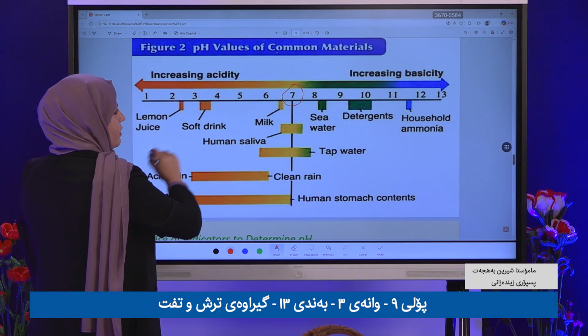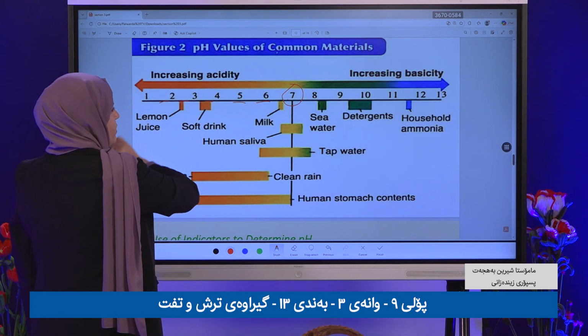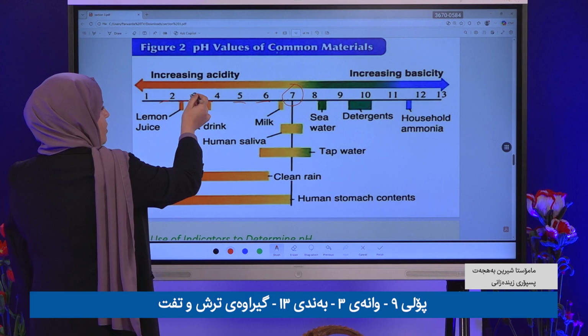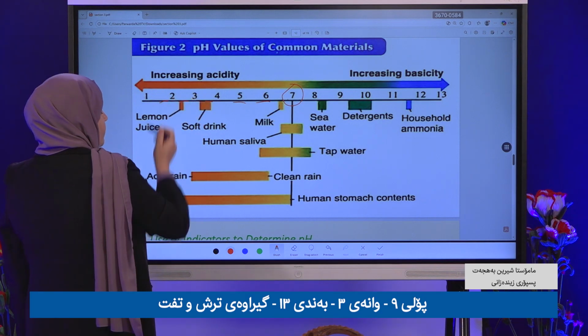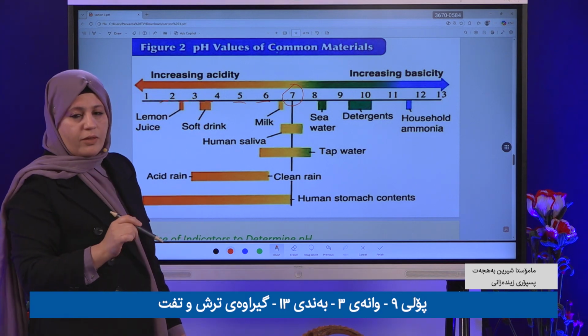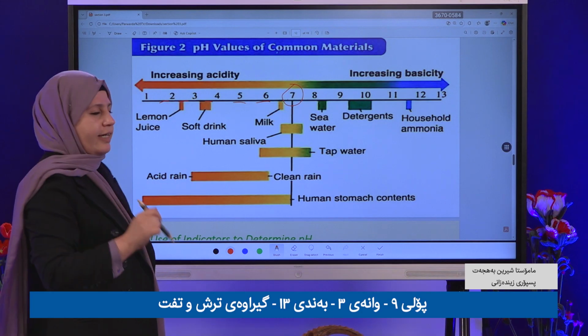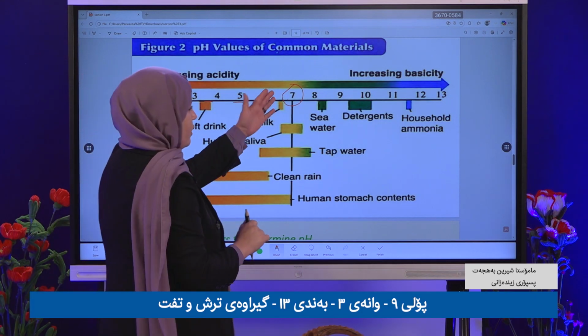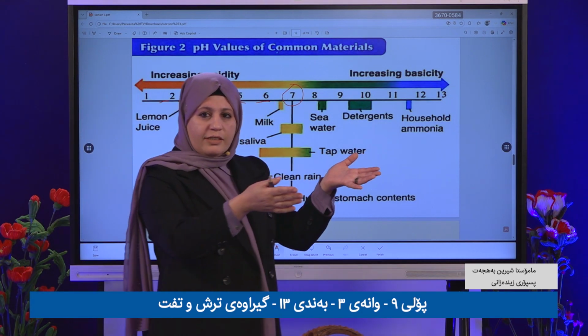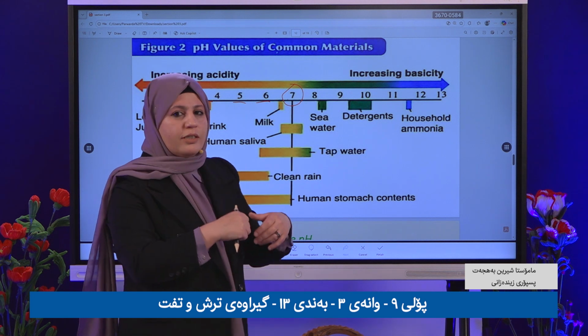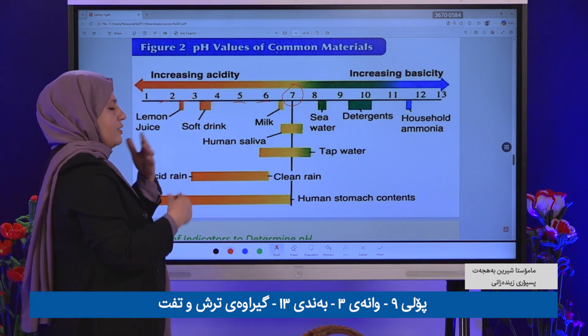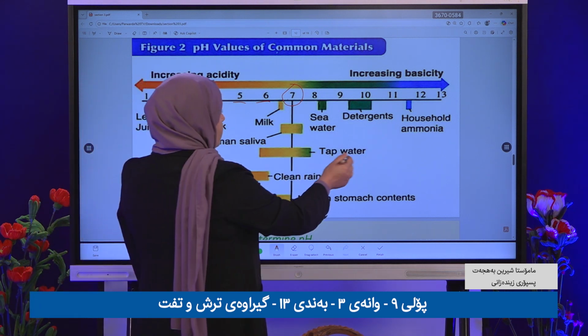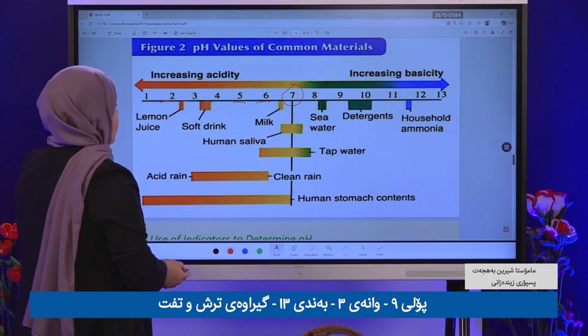Less than 7, it is acid. For example, 6, 5, 3, 2, 1. Okay, it is what? Acid. Very good. So greater than 7, the pH describes what? Base. Very good. Clear?